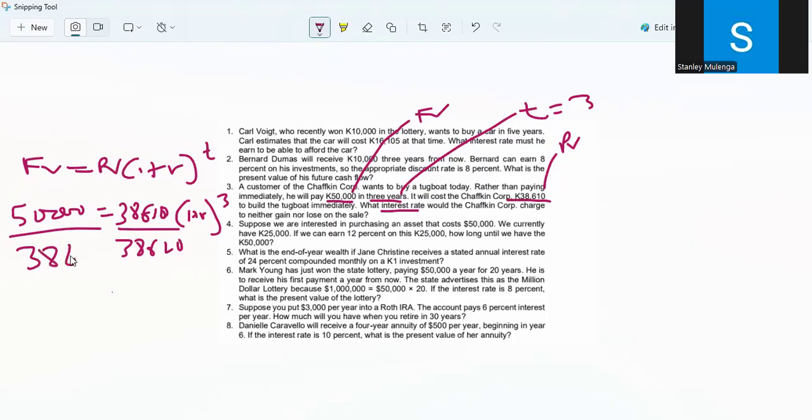What are we getting on both sides? And divide. So the answer is 1.2950 if you round it off.